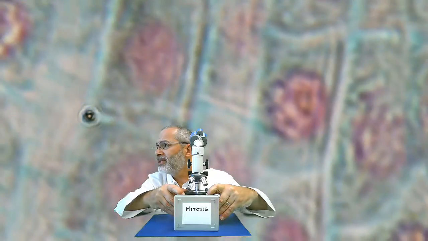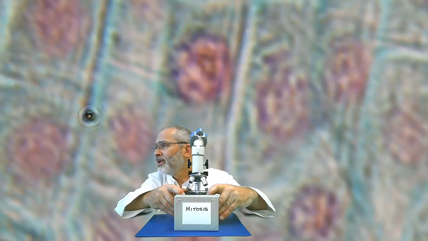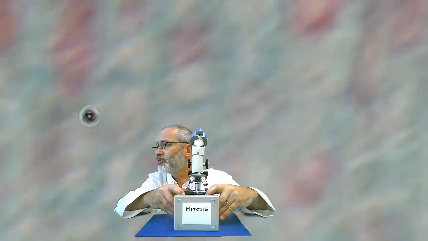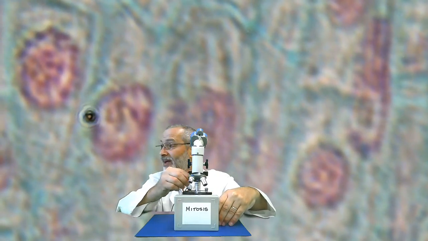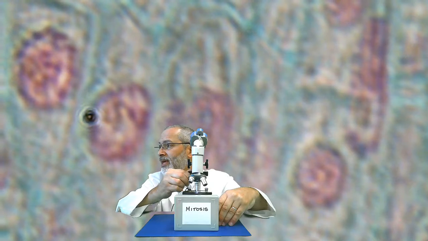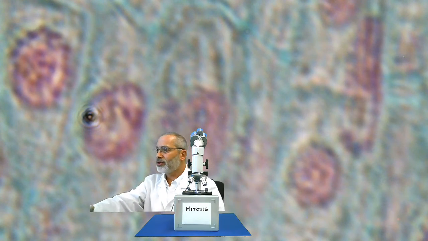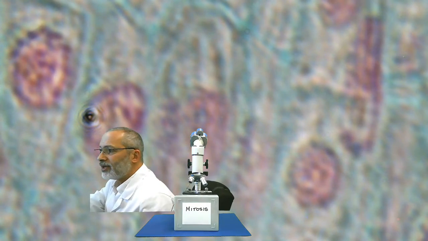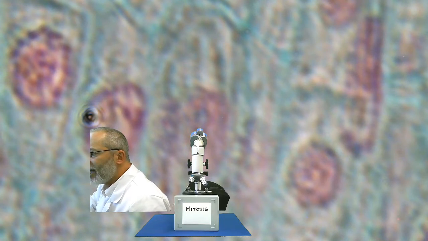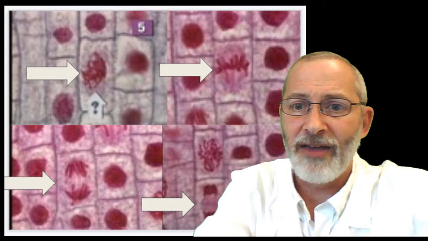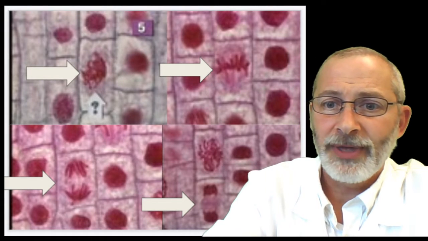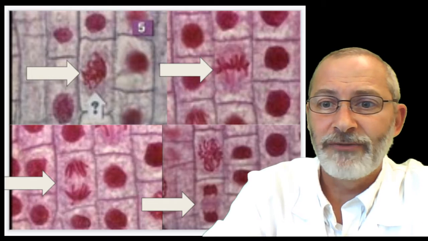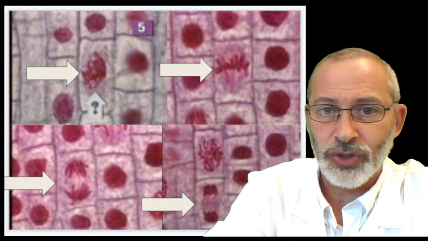So rather than me taking all the time to hunt for specific cells, I've already done it before, and I've taken some pictures. And so I'm going to go back to our PowerPoint here, and I have picked out four different cells that I have drawn arrows next to.